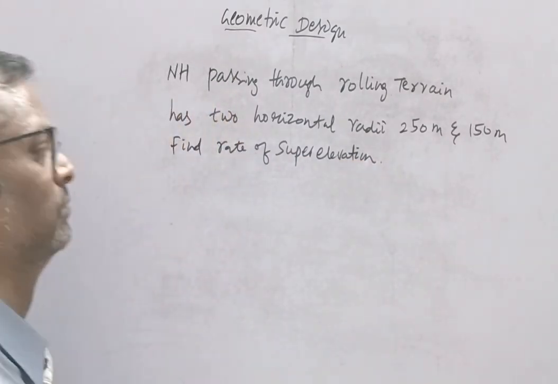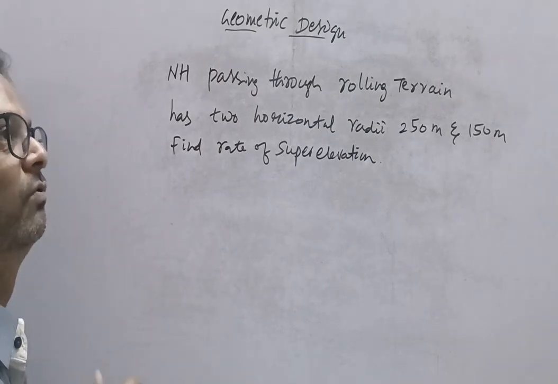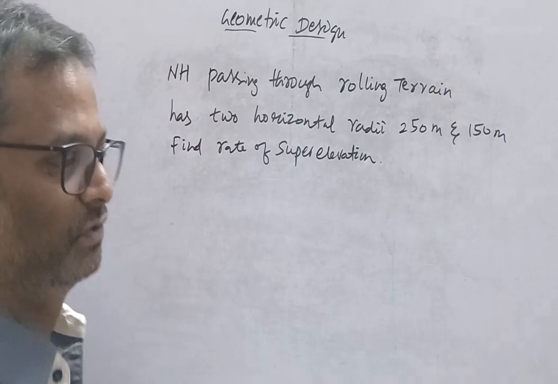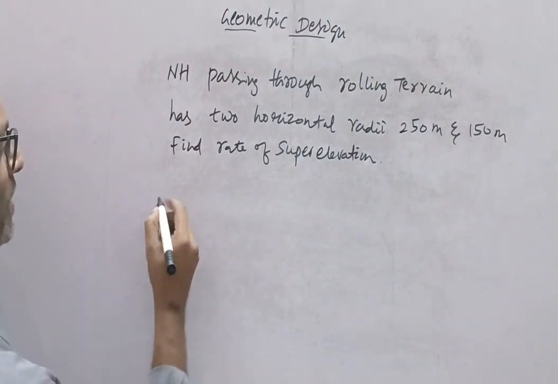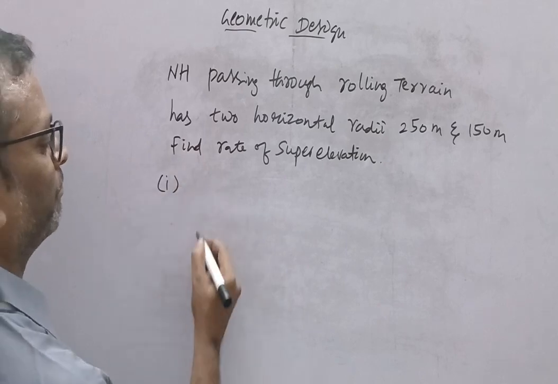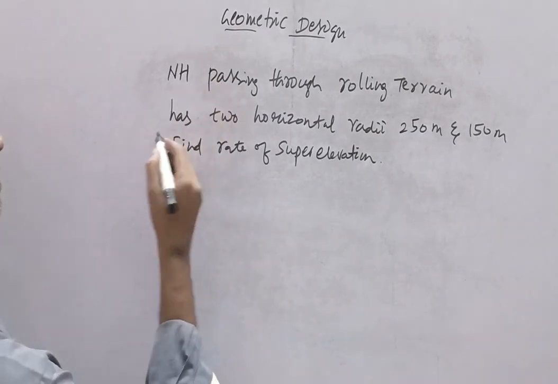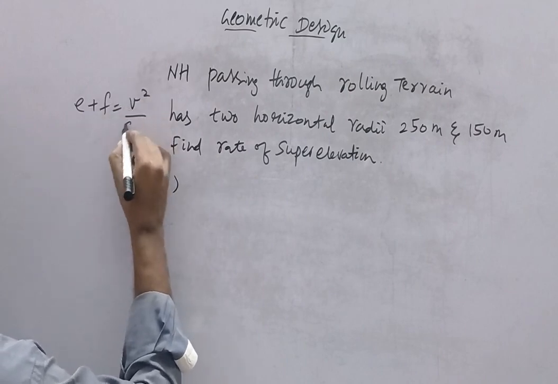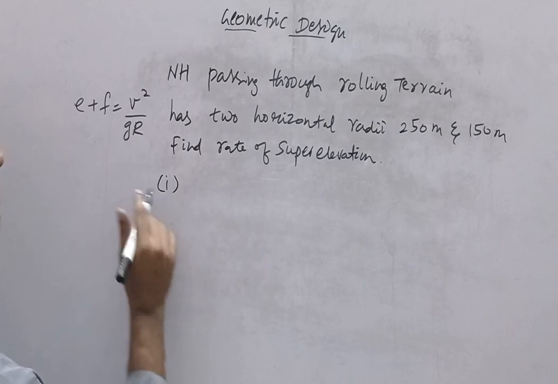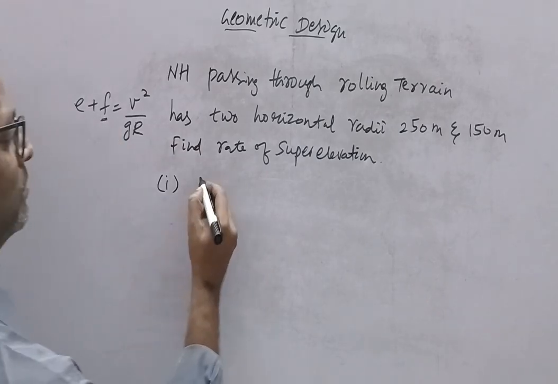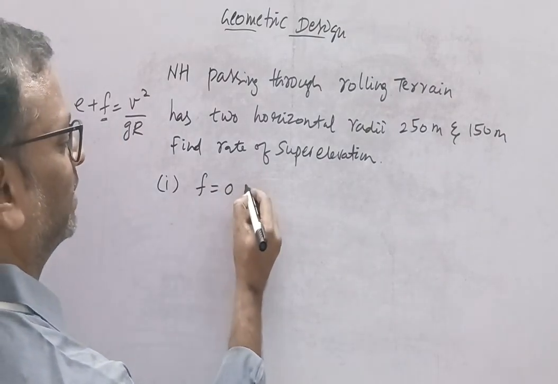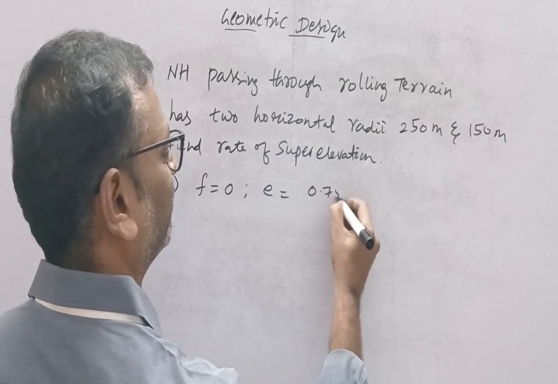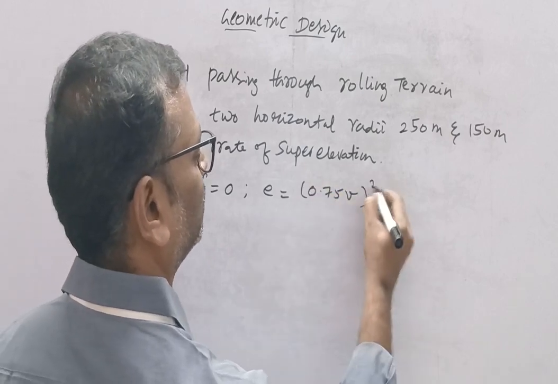So now we know how to find rate of superelevation for mixed traffic conditions. We have step by step. The first step: we know E plus F is equal to V square by GR. Assume there is no lateral friction and find E for 75% of design speed.